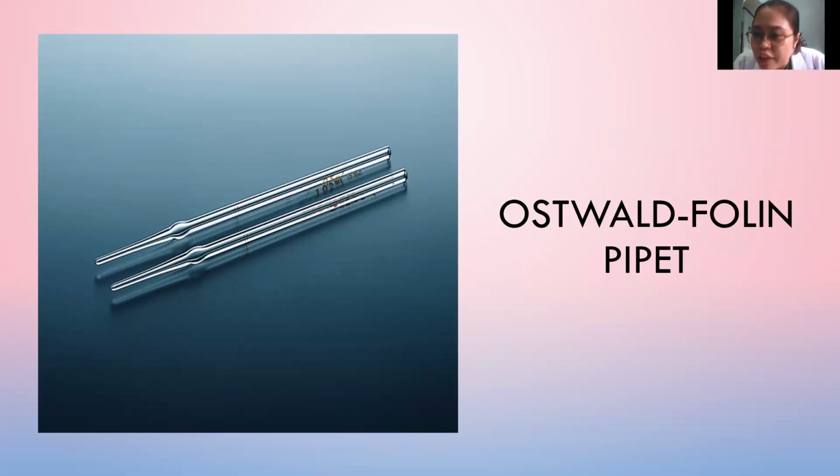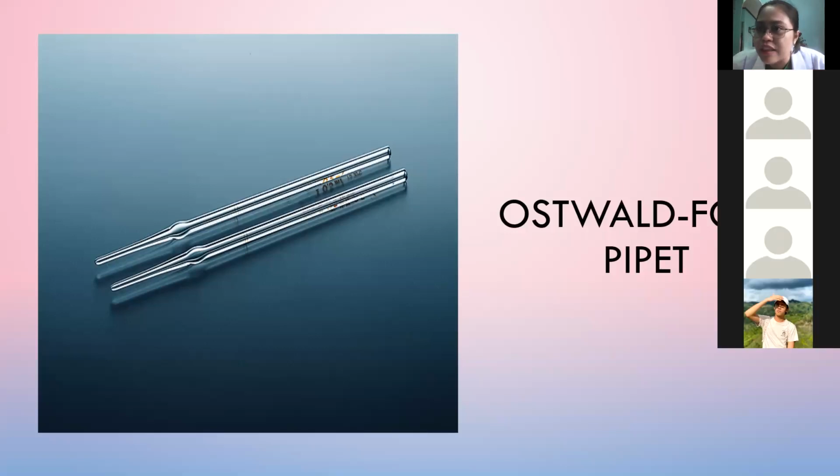Ang Ostwald-Folin pipette is also known as the blood pipette. Kasi most of the time, this is the pipette that we use when we want to deliver volumes of blood. And aside sa blood, ginagamit din si Ostwald-Folin pipette to deliver class kanang mga viscous na mga fluids. Okay, when you say viscous, kanang sa Bisaya ang viscous, kanang malapot na mga fluids.